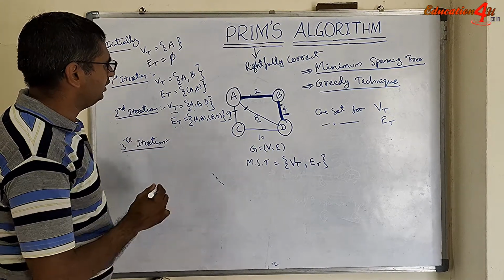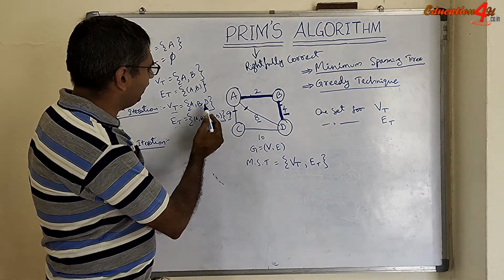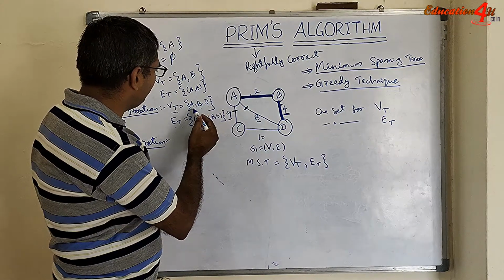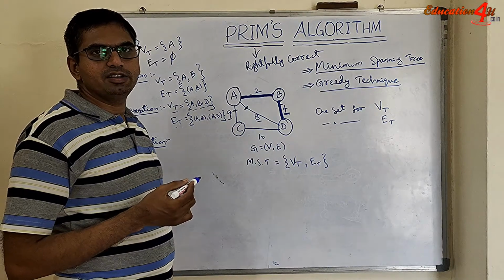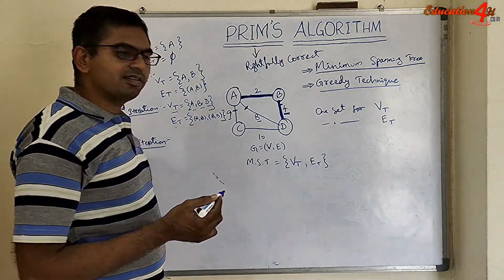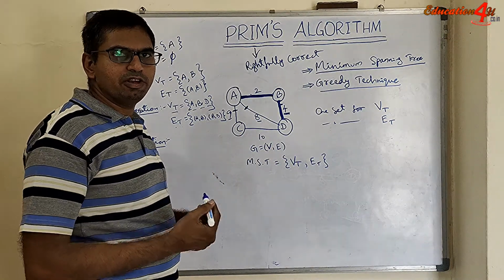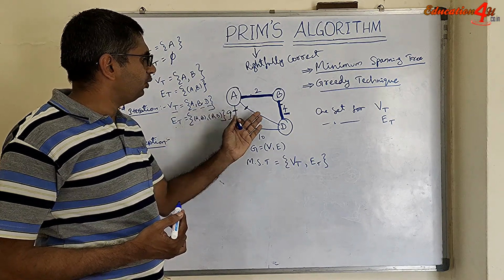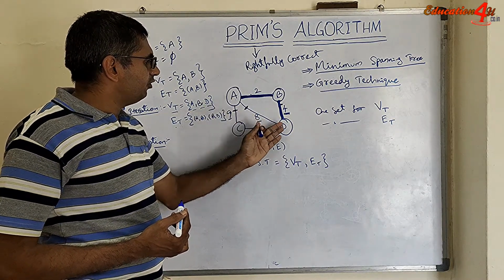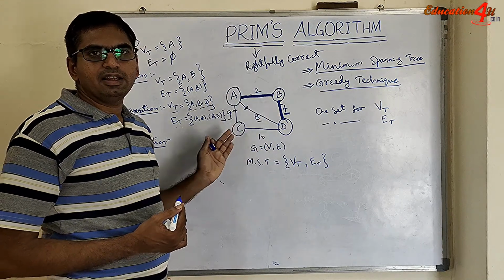In the third iteration we can have edges which have A, B or D as one of its vertices. Let's see how many edges qualify for this, and we also have to check whether they are forming a cycle.